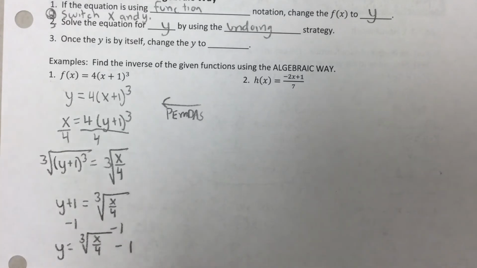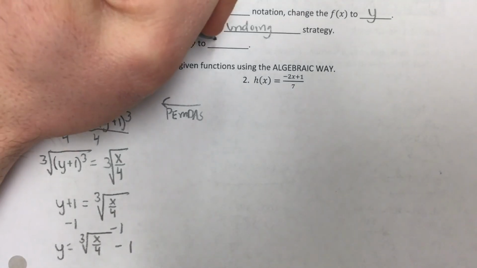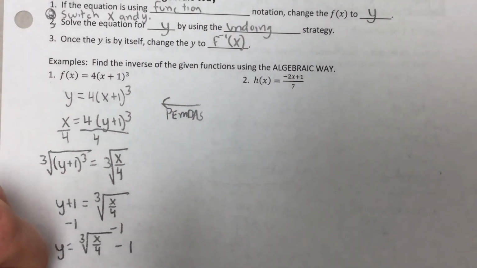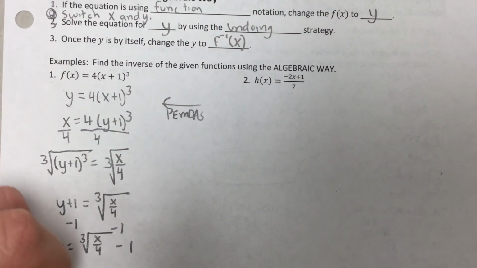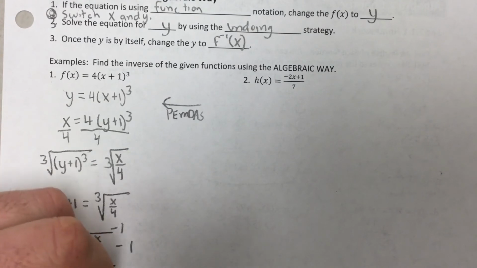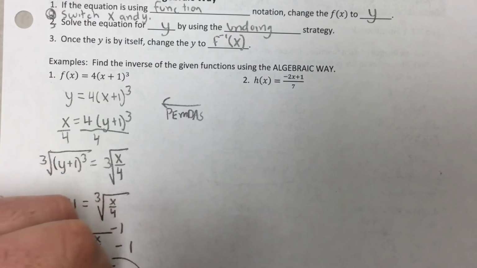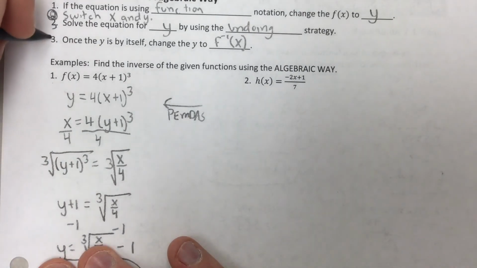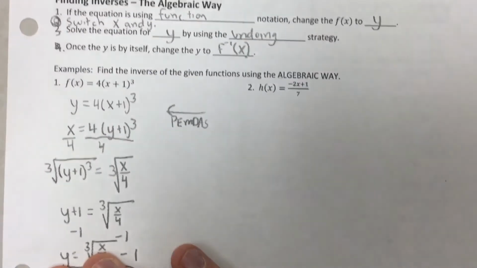And then once the y is by itself, change the y to f inverse of x. So my final equation should be f inverse of x equals the cube root of x divided by 4 minus 1. And that's step 4.